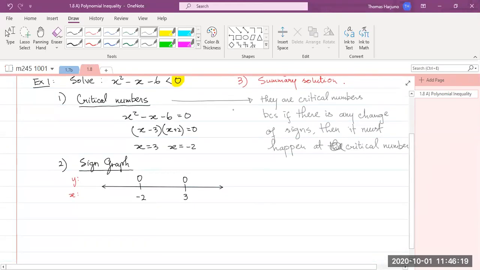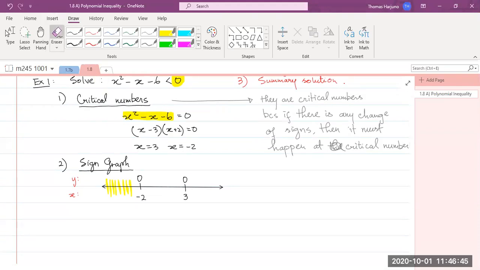In other words, if you use any numbers in the same interval and you plug them into the expression here, of course they come up with different values, right? But all of them must be positive or all of them must be negative. All of them the same sign.